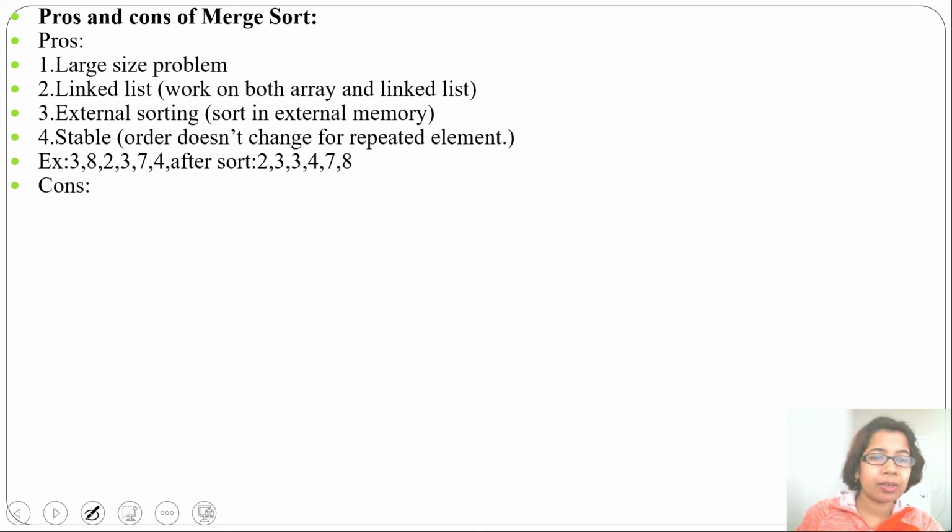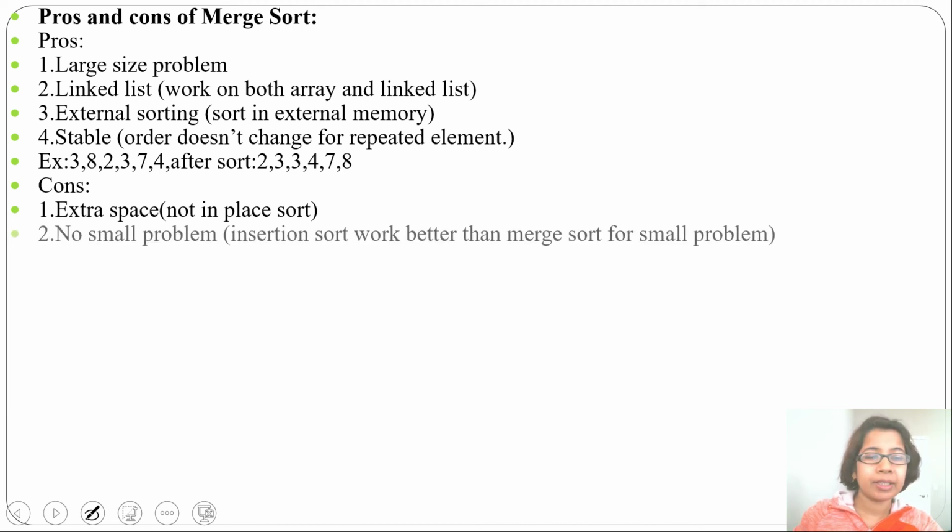Next we'll discuss cons. It requires extra space, so it is not an in-place sort. While insertion sort, selection sort and bubble sort are in-place sorts, merge sort is not in-place as it requires extra space. It doesn't sort inside that array, it needs some extra space. Next, it is not good for small problems. It works for large size problems.